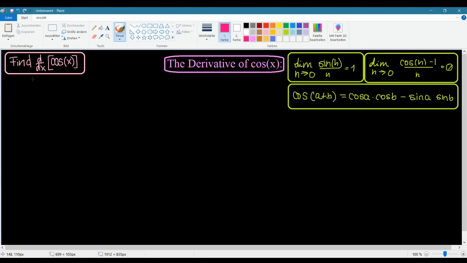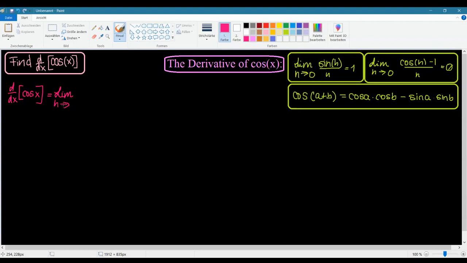The first thing that we're going to do is plug cosine x into the differentiation formula. So we're going to take the derivative of cosine x. Let me just write this down for completion. We're going to plug it into the differentiation formula.